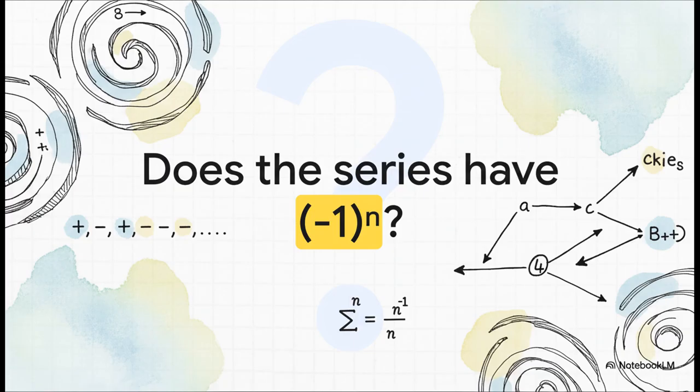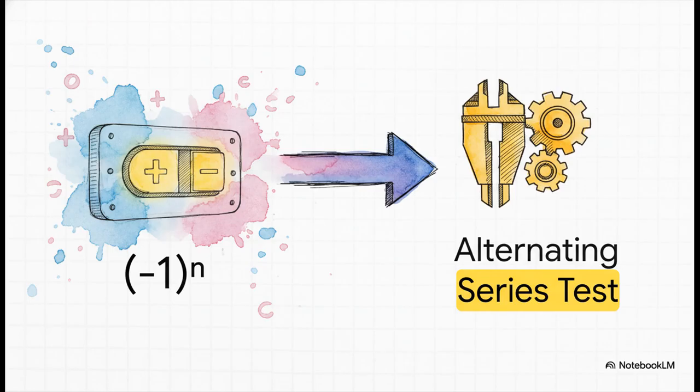Do you see an alternating part, something like a -1 raised to the n, or maybe n plus 1 power? That's the little engine that makes the terms flip back and forth between positive and negative. If you see that, your brain should immediately jump to one place, the alternating series test. This is your go-to tool for any series that flips its sign with every single term. It's a direct response to that visual clue.